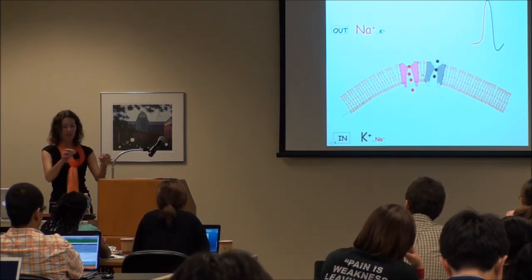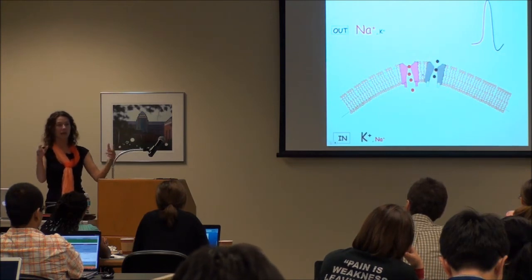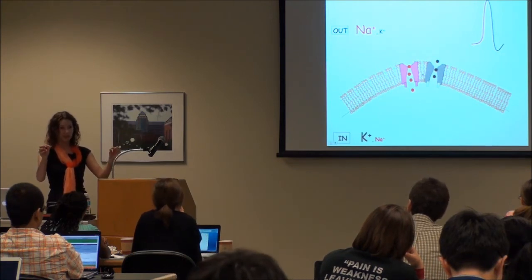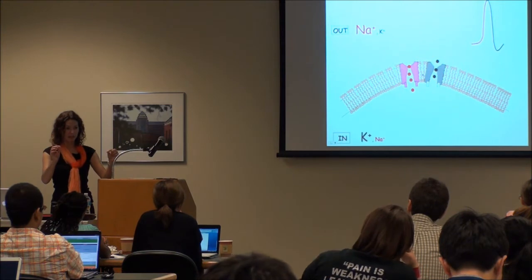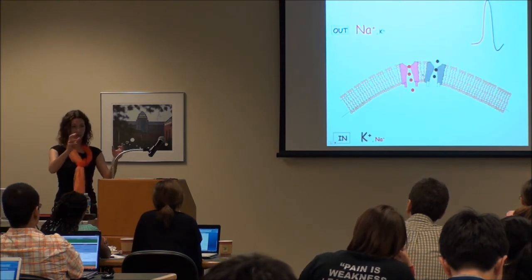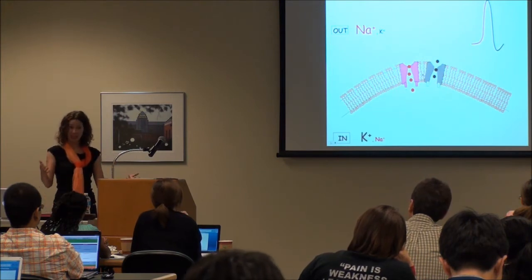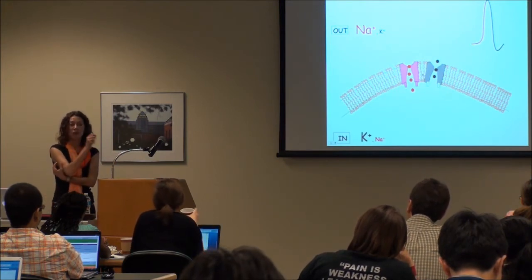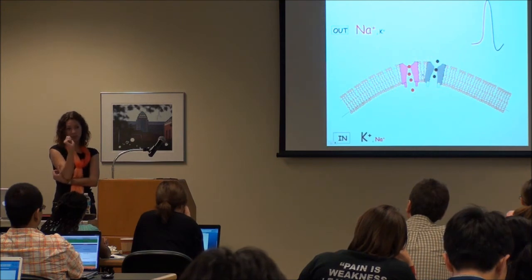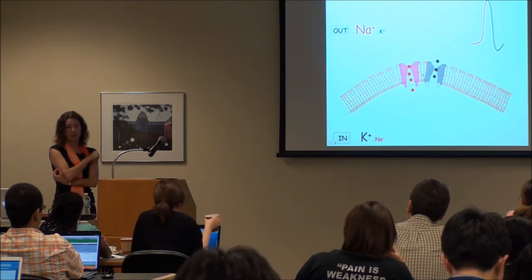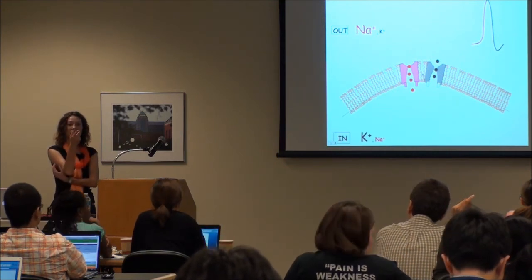Even if you take a neuron out of your body, in vitro, and poison, say, your sodium potassium pump with ouabain, you can still generate action potentials for a really long time, because you don't need to move that many ions to change the distribution and generate action potentials.